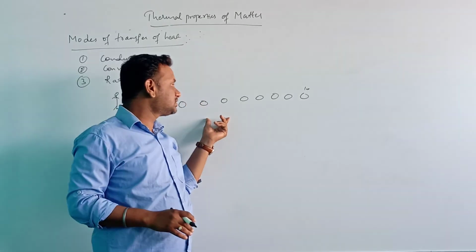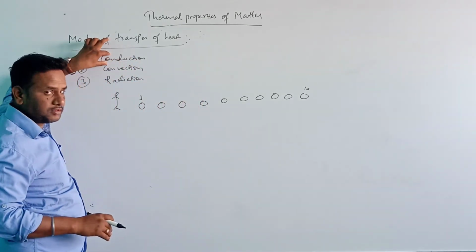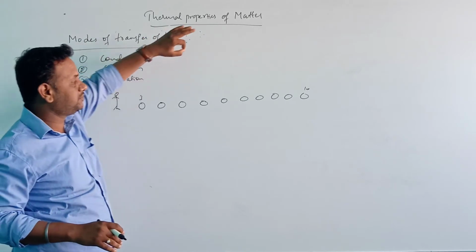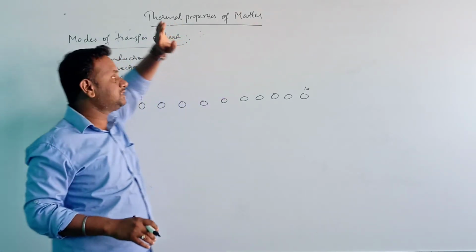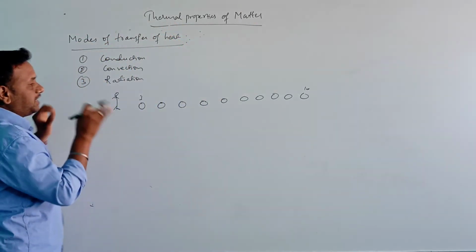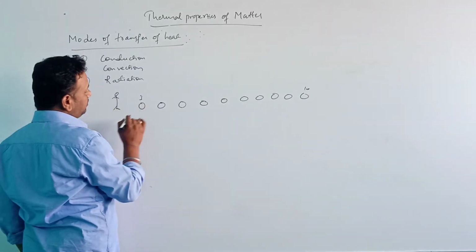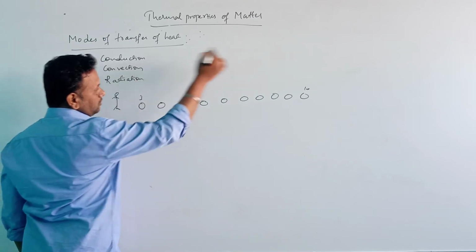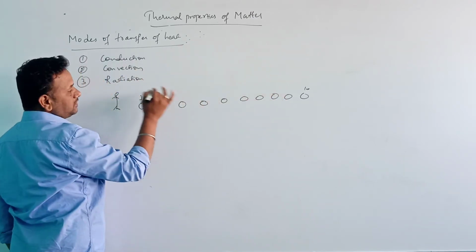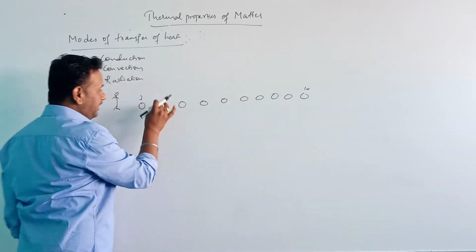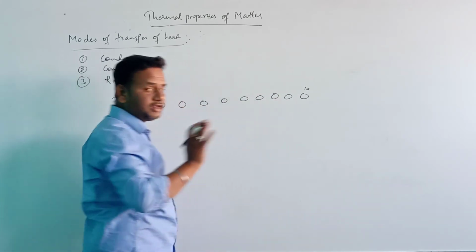So this is called conduction. This mode of transfer of heat is called conduction. Here we have taken an apple as an example. So this is the one method where you can transfer that apple to the last boy without changing the position. Each and every student is not changing their position.